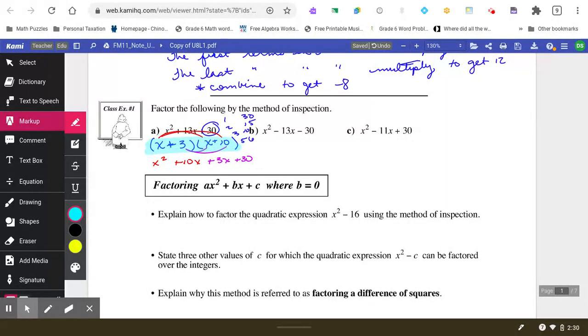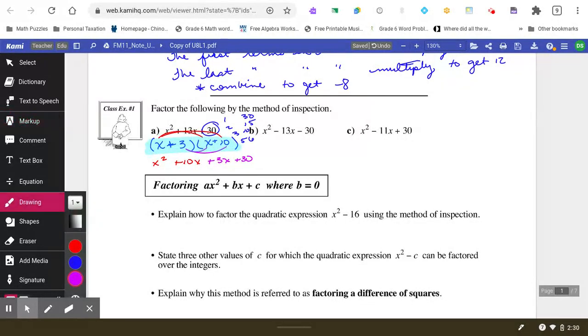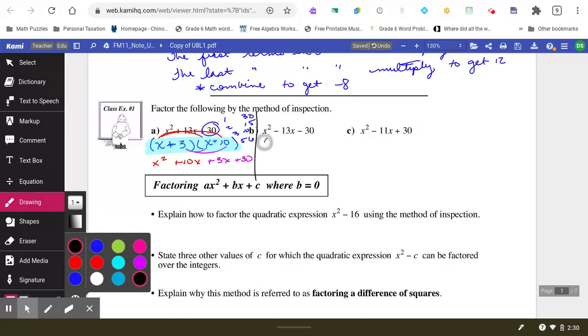Okay, let's do the same question, same numbers, different signs. Here we go. x and x, 30. Okay, go through my list again. 1 and 30 won't work. 2 and 15 maybe, or 3 and 10. Let's try 2 and 15 this time.